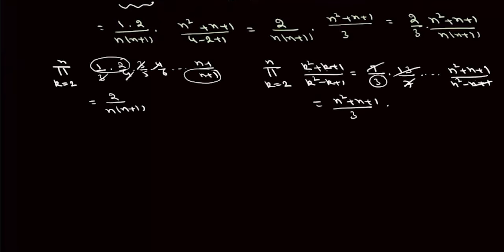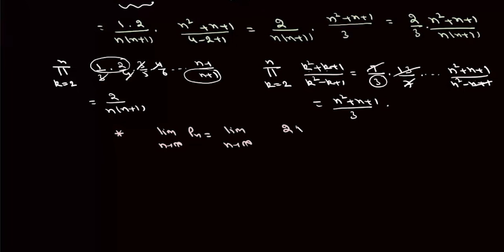And for suitable problems, there could be infinite products also. So say, for example, for the same problem, they may ask, find this product up to infinity, or this limit, n tends to infinity of Pn. Now this is limit n tends to infinity, and P we have already solved.